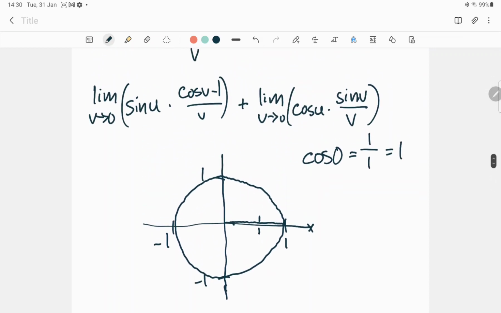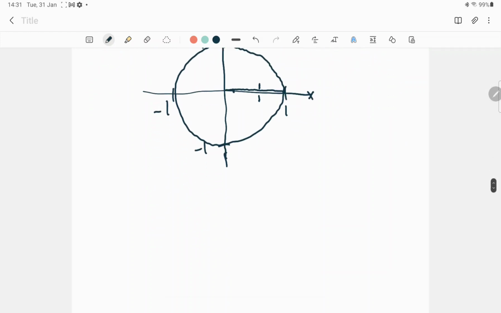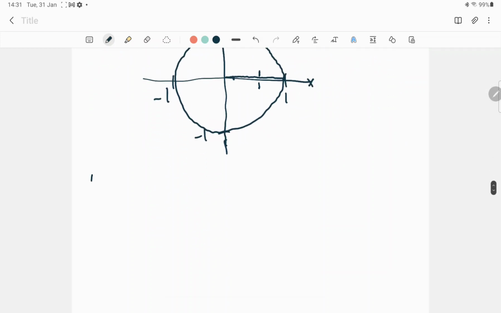So one final step is that we take the limit as v goes to 0. So what about our sine of u and our cosine of u? What happens to those? We can set those outside.